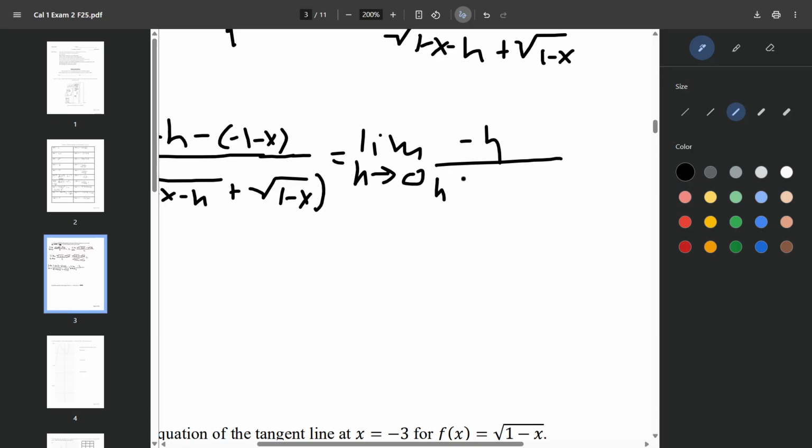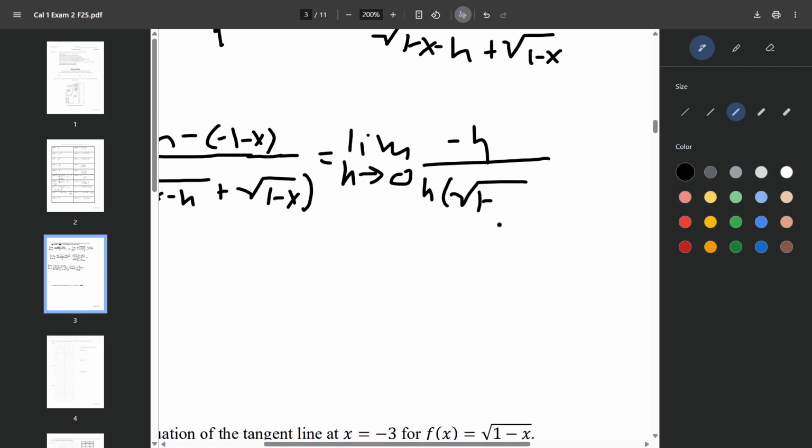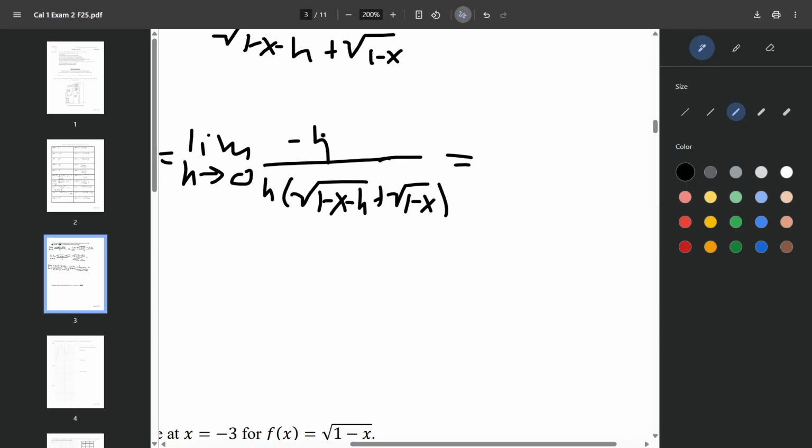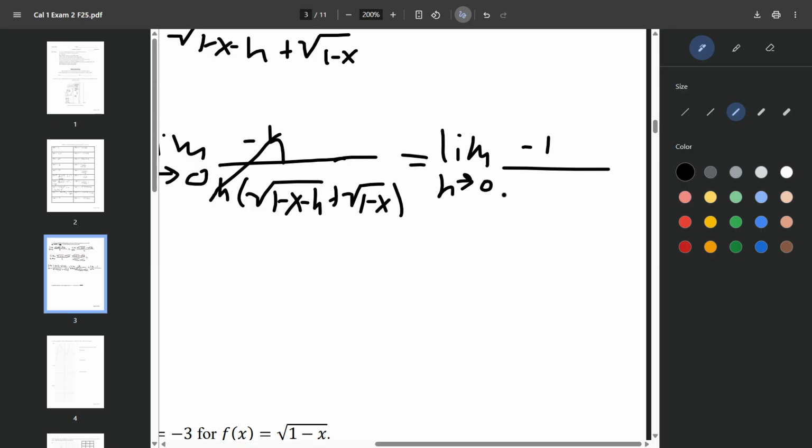So then we are left with h minus h plus 1 minus x, and then what we can do is cancel these terms and so then we're left with negative 1 over root 1 minus x minus h plus root 1 minus x.